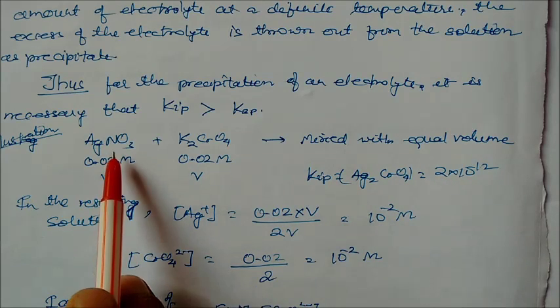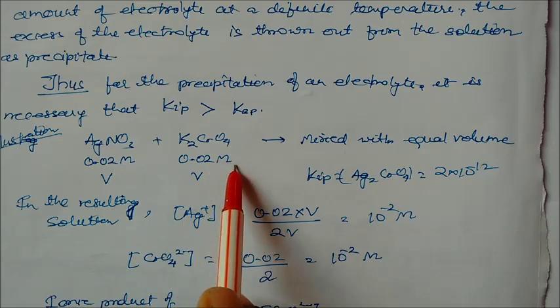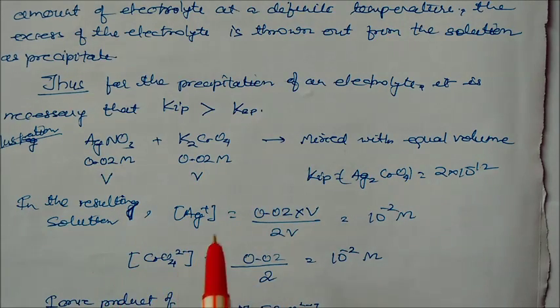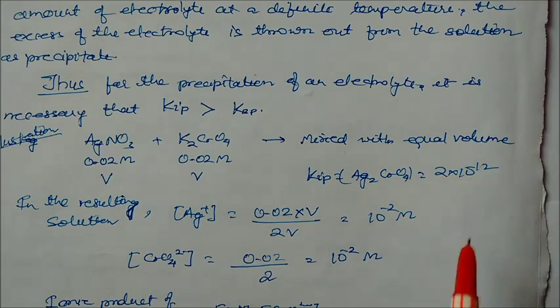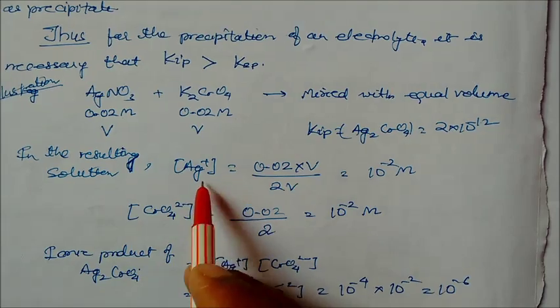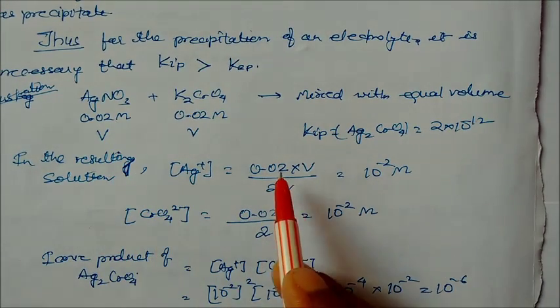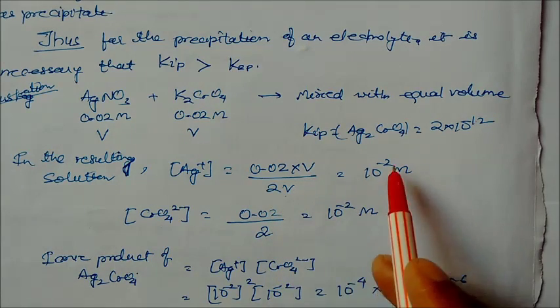Let's take this illustration. There is silver nitrate, which is one salt, and potassium chromate is another salt. They have 0.02 molarity each. Now you are mixing them in equal volume. And the KSP of silver chromate is given as 2 into 10 to the power minus 12. Now what is the concentration of silver? Moles by volume, so this is 0.02 into V divided by 2V. This is the concentration of silver.